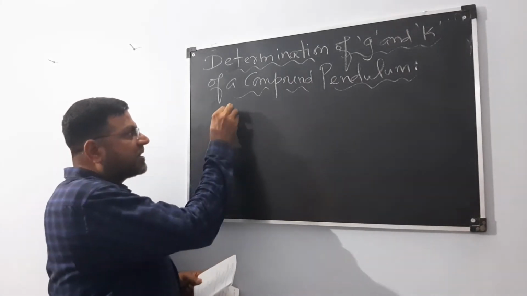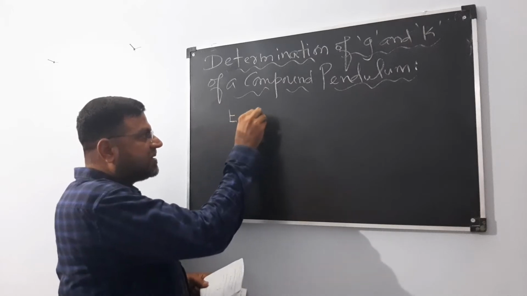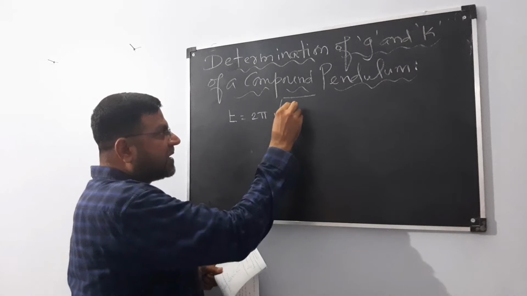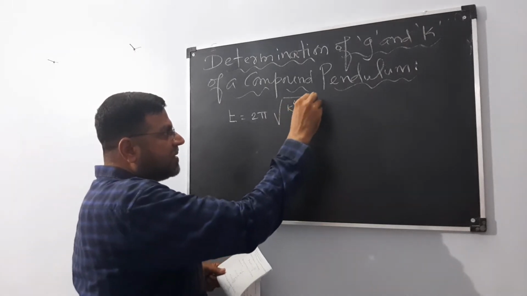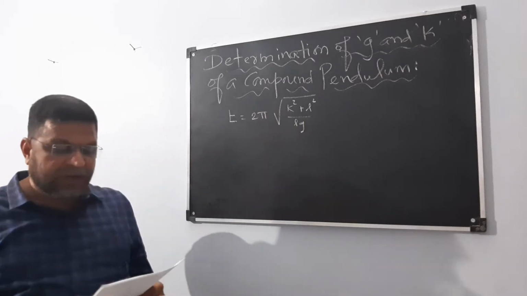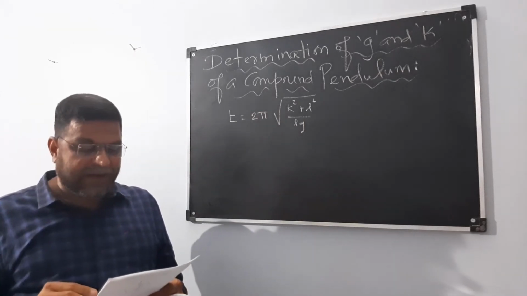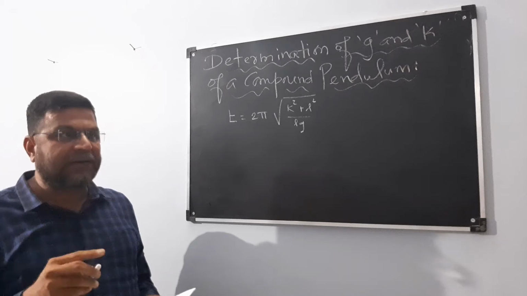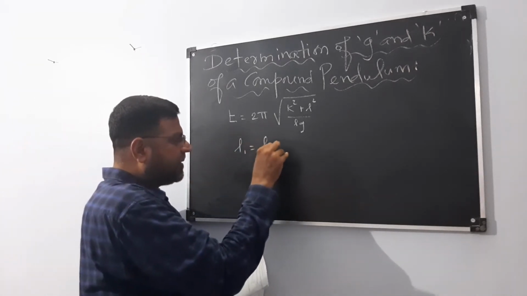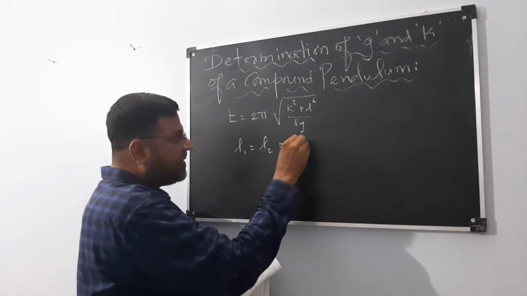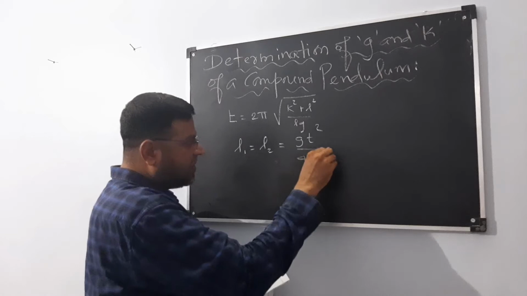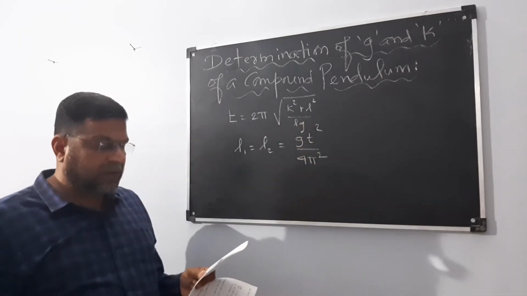We already know the expression for the period of oscillation: T is equal to 2 pi into root of (K square plus L square) by L g. For a particular value of L, the time period is minimum. Minimum means the center of gravity and the point of suspension are equal. The length L1 equals L2 equals g T square by 4 pi square.